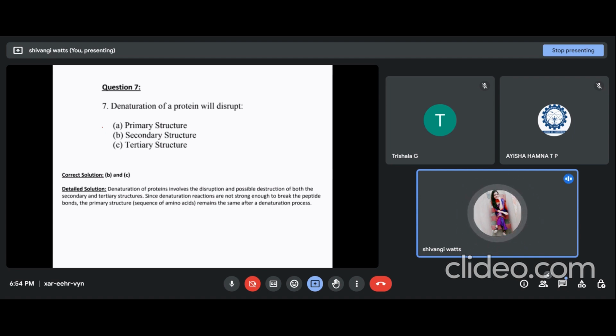Denaturation of protein means the native structure of the protein will be disrupted. That is called denaturation of protein. As I told you in the case of beta mercaptoethanol, it will denature the protein. It means what structure of protein will be disrupted? Primary, secondary or tertiary?